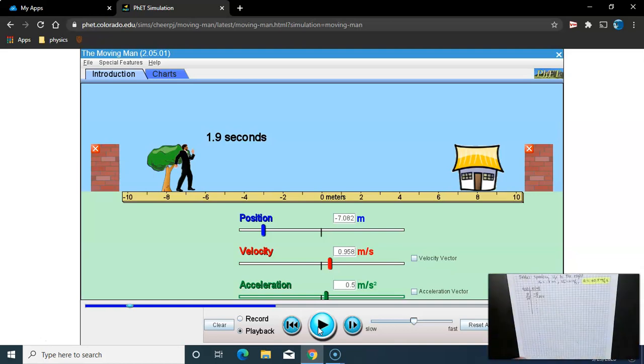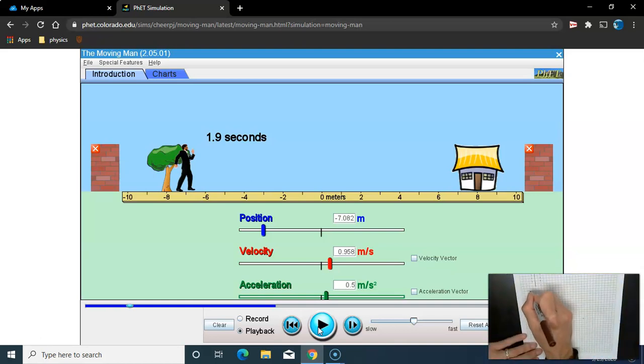Now for the second table, this one you are supposed to do yourself, the guy is speeding up to the left.